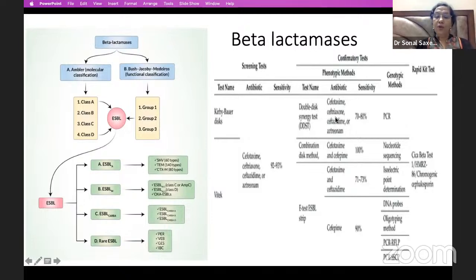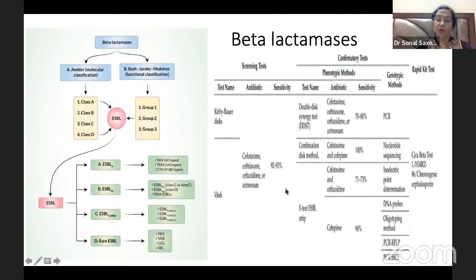So if you want to confirm, you can do it for epidemiological purposes, and you can also do it for your own data in the hospital and for your own analysis as to what kind of markers are there in your system. So for this, you can use either the Kirby-Bauer method, which is the double disc synergy, or you can use PCR methods. And we'll come to these methods in a short while.